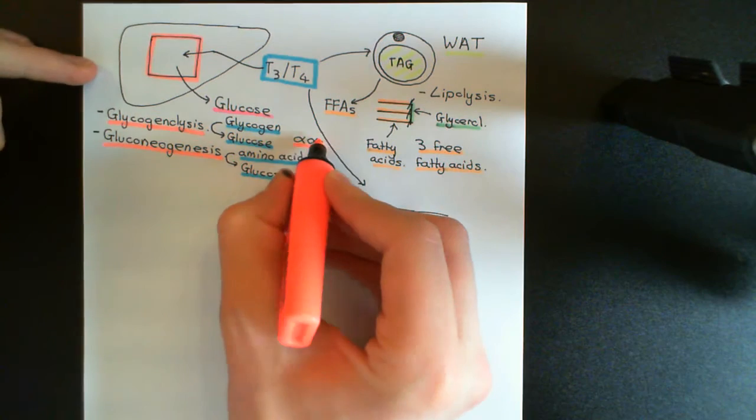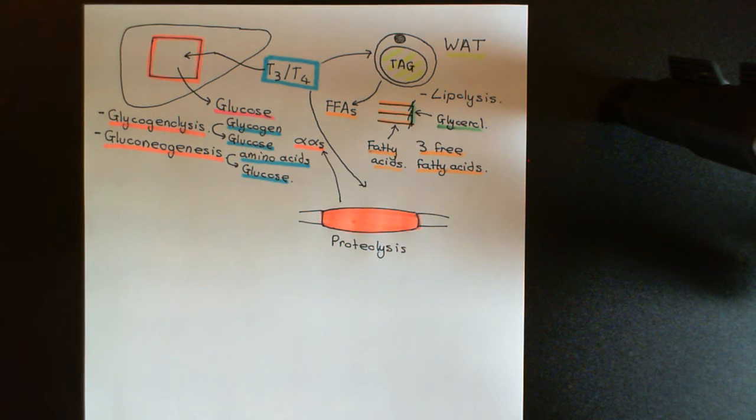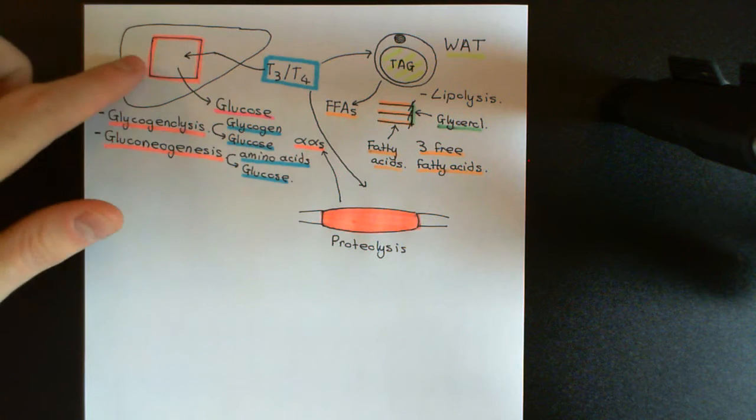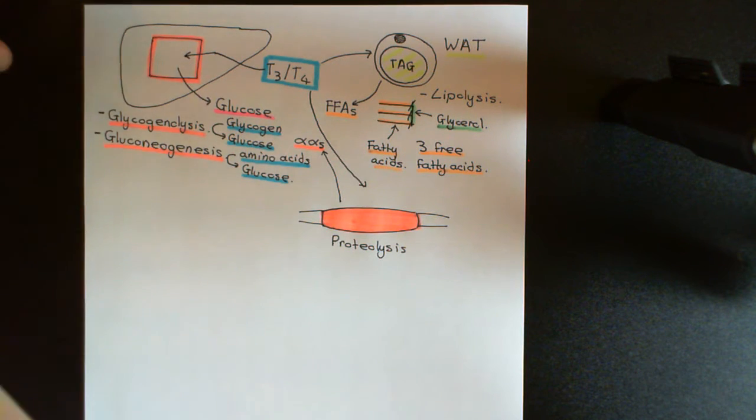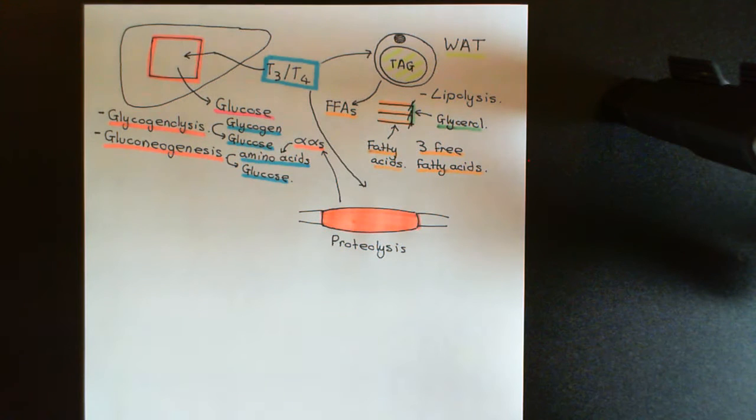So T3 and T4 trigger a tonic level of proteolysis by the skeletal muscle tissues, so that you're getting amino acids being released into the bloodstream to keep the amino acid level the same within the bloodstream. Okay, right, and these amino acids can go off to the liver cells, the hepatocytes, and be used in the gluconeogenesis process.